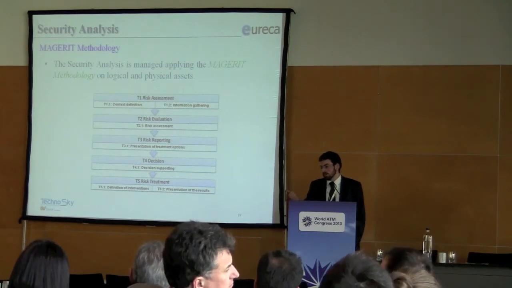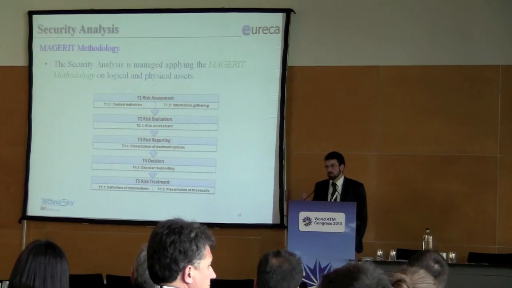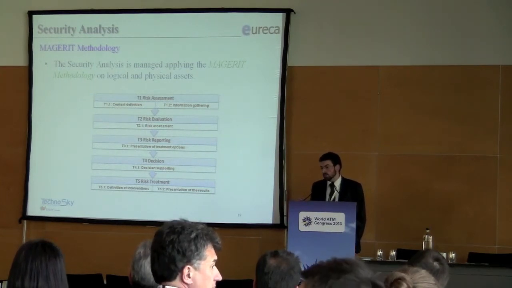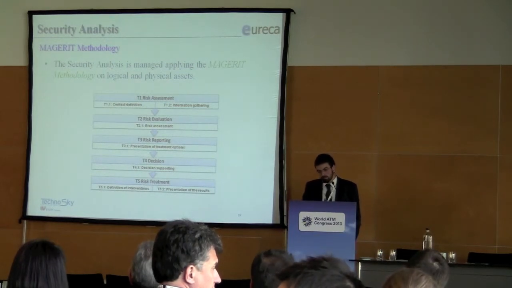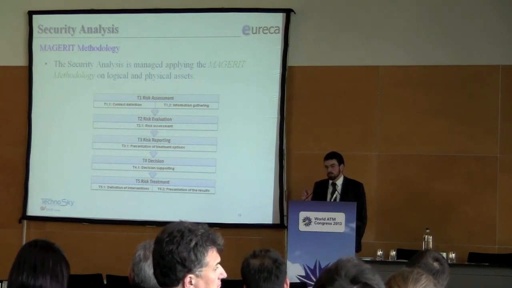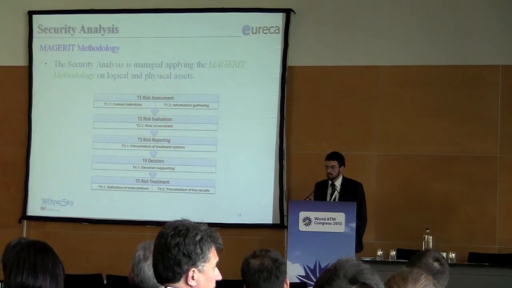First of all, risk assessment. Again, the awareness is very important for the safety and security. Then the risk evaluation and the risk reporting. And please note that the risk reporting is a key step because the culture in safety and in security is fundamental.